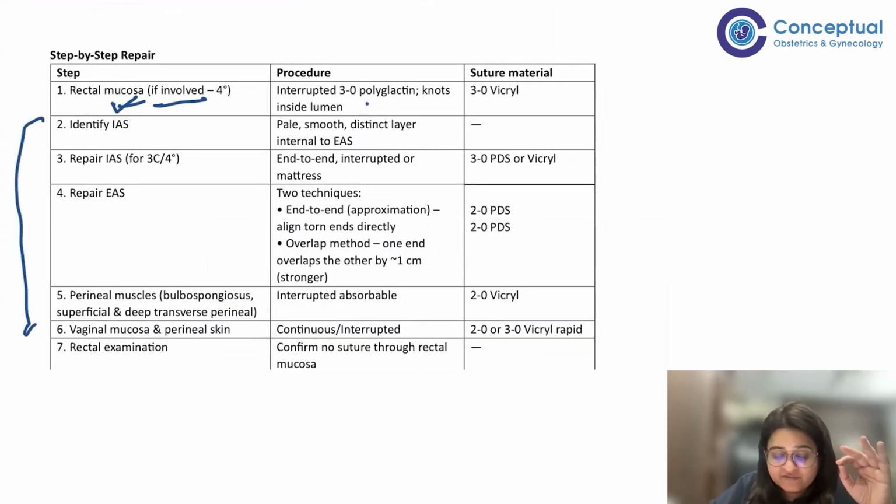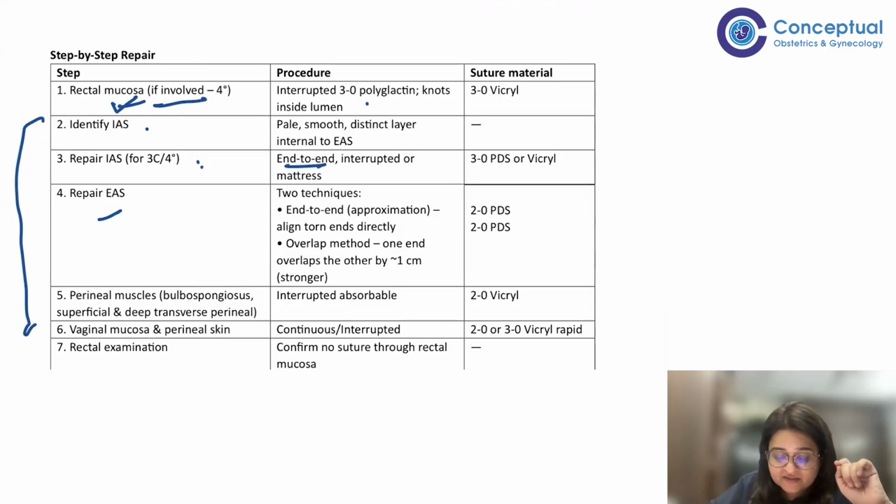So 3C will start from here: identify the internal anal sphincter, which is a paler layer compared to the external anal sphincter. Repair the IAS. There are 2 ways, either an end-to-end anastomosis... sorry, that is for the external anal sphincter, my bad. The internal anal sphincter is repaired by end-to-end anastomosis, either by interrupted or mattress sutures.